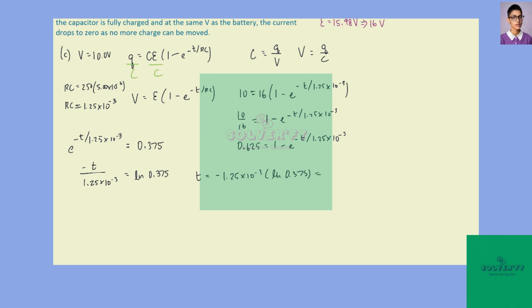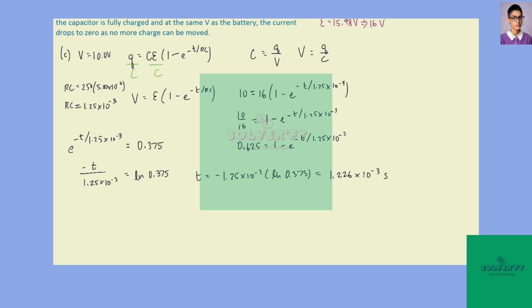And I get 1.226 times 10 to the minus third seconds. So it doesn't take long at all for the voltage across the capacitor to reach 10 volts.